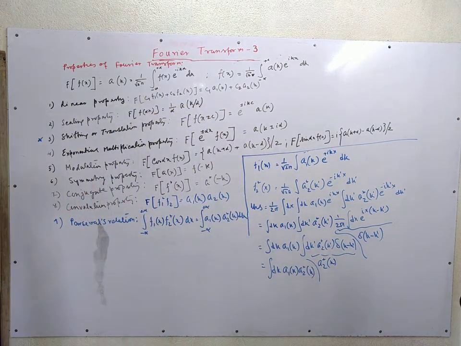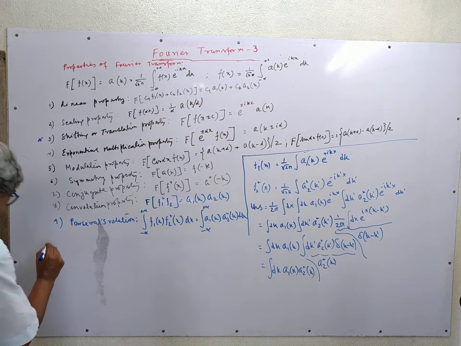And the last property is the Fourier transform of derivatives.